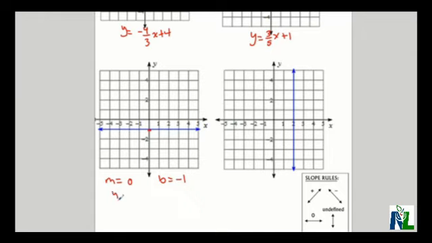So we would write this as y equals 0x subtract 1. Yet 0x, of course, is just 0. So y equals -1. And of course, every time you look across the horizontal line, no matter what value of x you have, y will also always equal -1. So for a horizontal line, it's only where its y-intercept is.